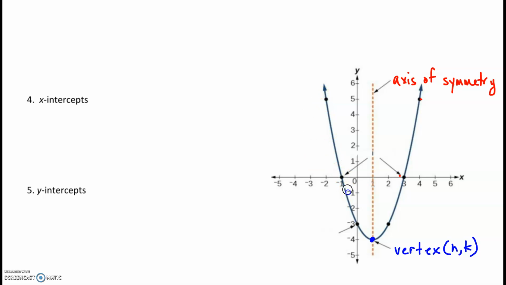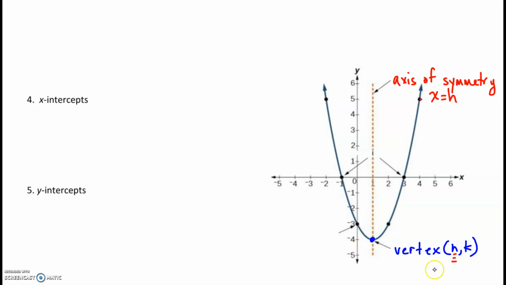So the axis of symmetry, since it's a vertical line, it's represented as x equals, right? Because we know that a vertical line goes through the x-axis, and in this case it goes through the x-axis at the x value of the vertex, and the x value is going to be the h right there. Okay, so in this example, let's actually write what the vertex is.